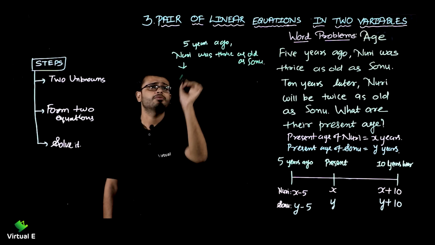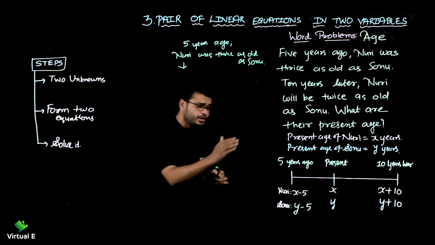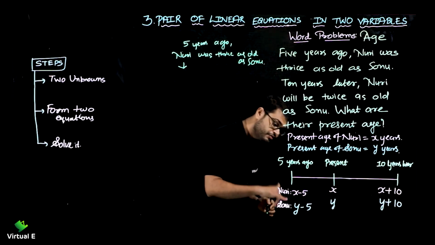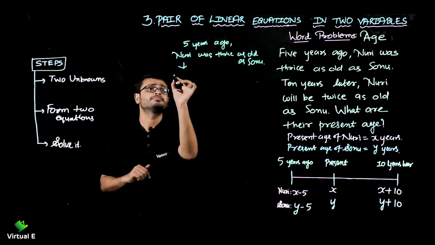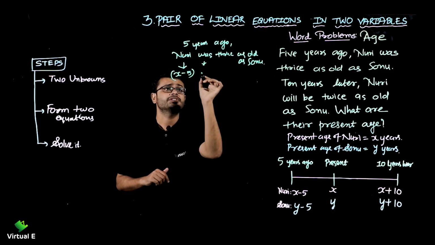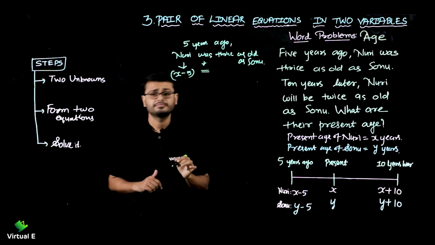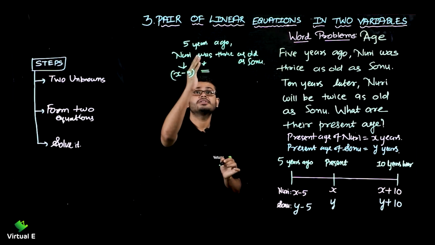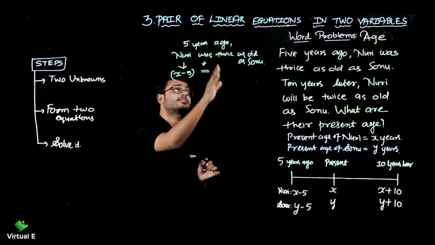So 5 years ago, I am taking the age of Nuri. What is the age of Nuri 5 years ago? Remember, 5 years ago, which is X minus 5. So X minus 5 was, I am going to consider as an equal to sign, right? Is, am, are, was, were, will be are considered as equal to sign.